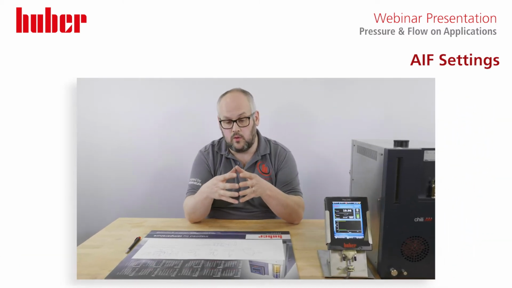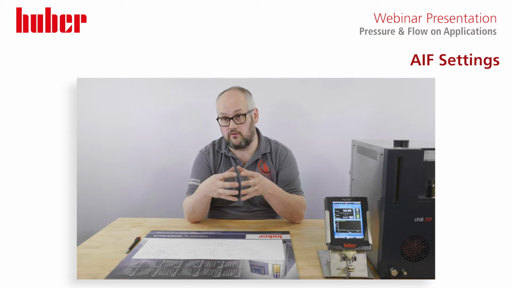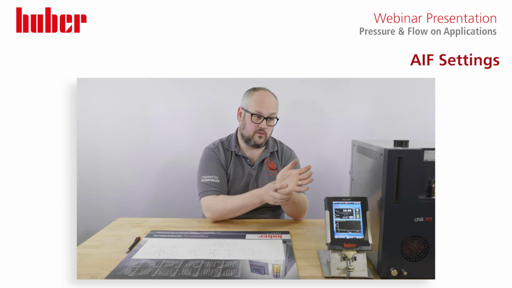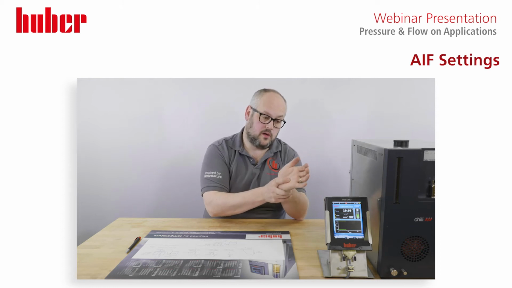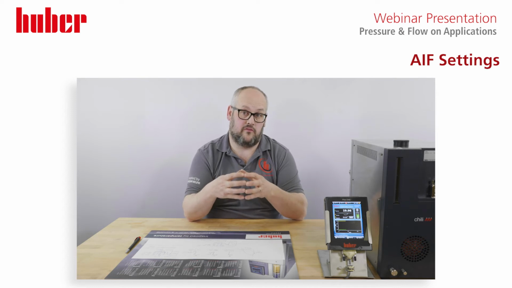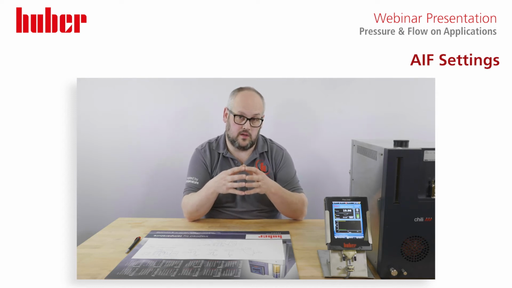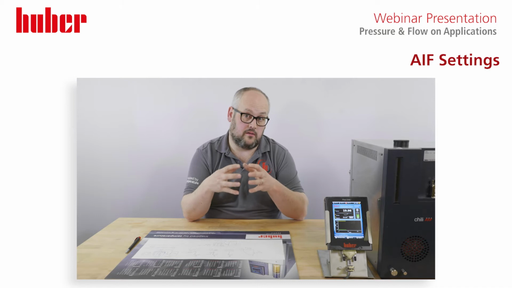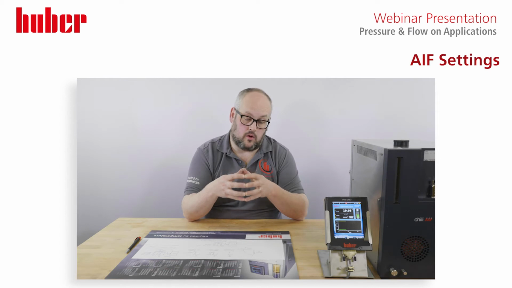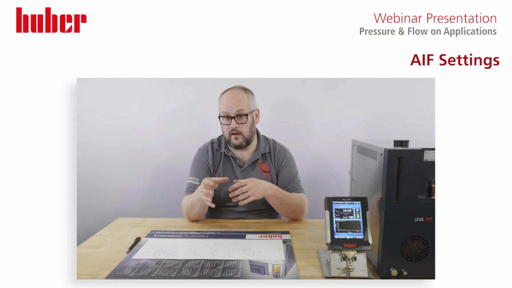Huber do have another setup where you can go from 0 liters a minute. On a small system like this with a variable pressure control pump, you're limited to whatever 500 RPM is as a flow rate on your application. Whereas if we go with the fully automated variable pressure control system that's external to your unit, we can go all the way from 0 liters a minute to your maximum achievable flow rate.